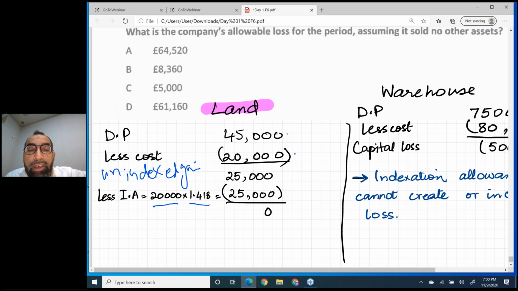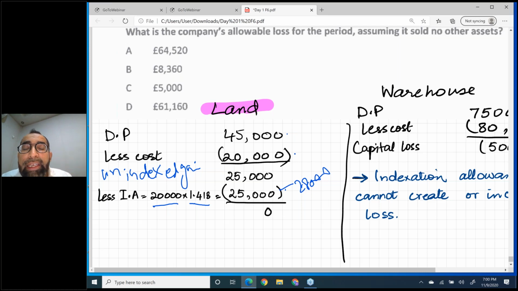Can you please calculate 20,000 into 1.48? This will come to around 28,000 something. But listen, if you deduct 28,000 from the unindexed gain, you will get a negative number, a loss. And what I just taught you is that indexation allowance cannot create loss.